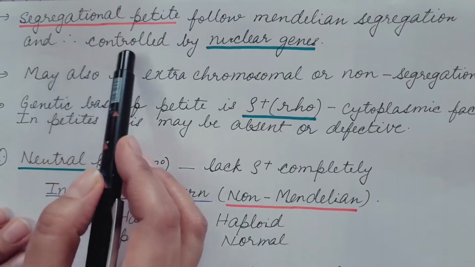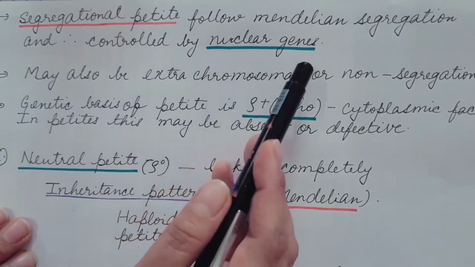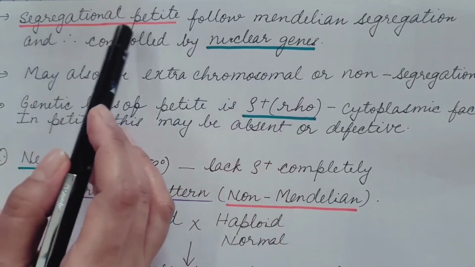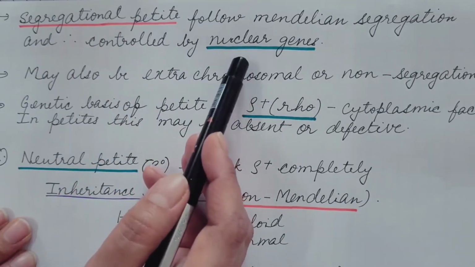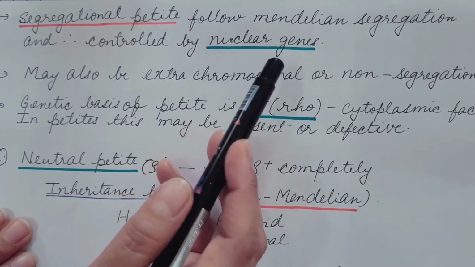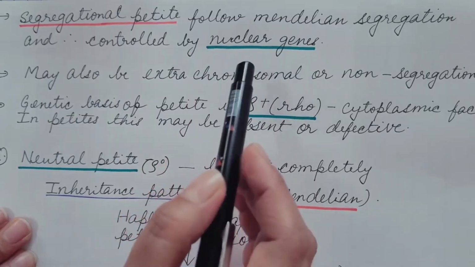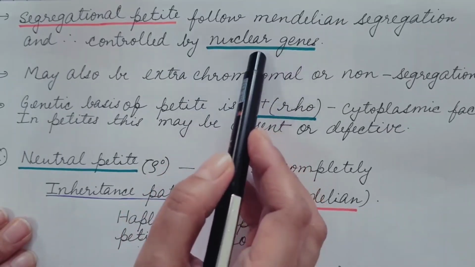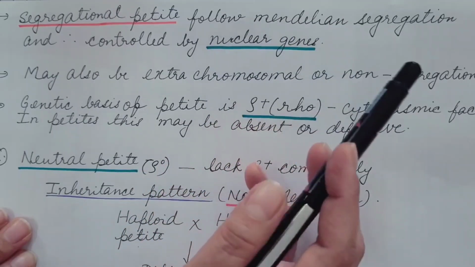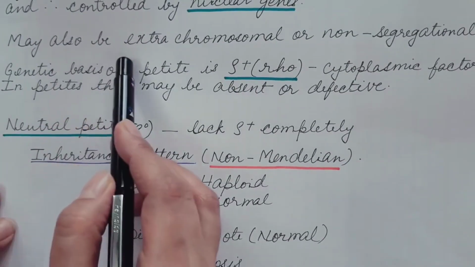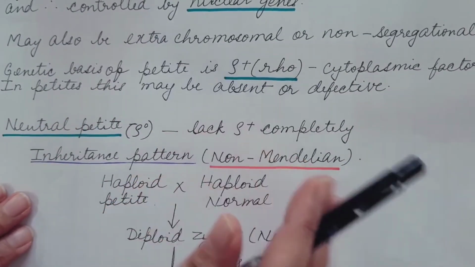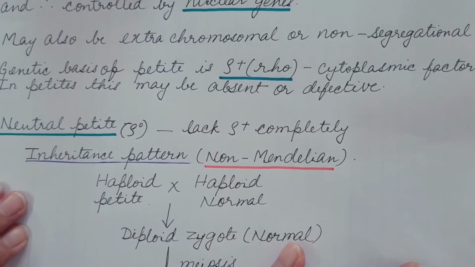So these are controlled by the nuclear genes, or in the segregational peptides, the defective mitochondria is due to the mutation in the nuclear genes, because nuclear genes only show the Mendelian pattern of segregation. But there are certain peptides that are also extrachromosomal or non-segregational.